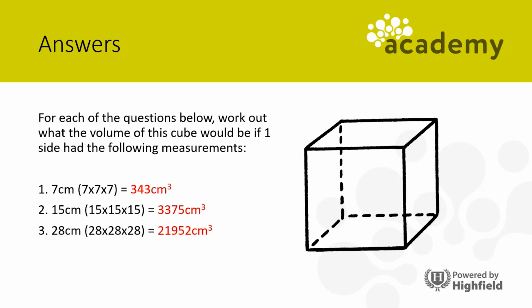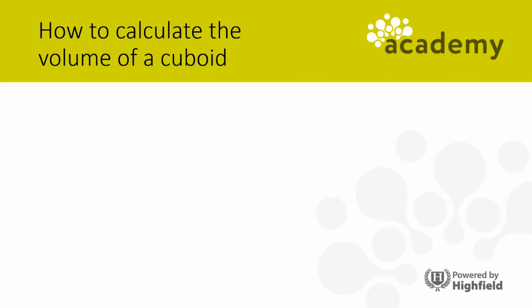Number 3, 28 centimeters is 28 times 28 times 28, which is 21,952 centimeters cubed. Number 4, 52 centimeters, which is 52 times 52 times 52. That's 140,608 centimeters cubed.